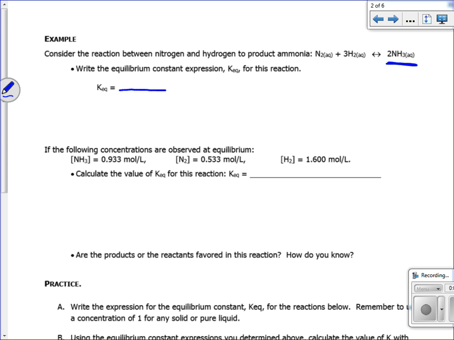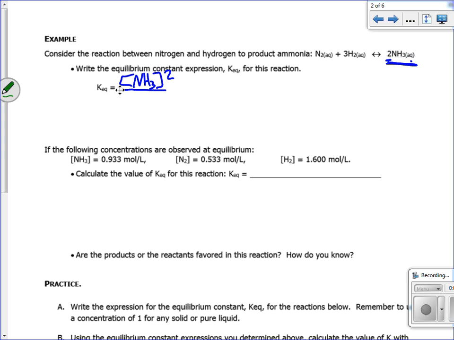Make sure that they're ones we're allowed to include. This one's AQ. Can we include it? Yes, it will have a concentration. It's dissolved in liquid. So we would put the concentration of NH3 up here. And what power should I raise it to? A 2, good, like so.